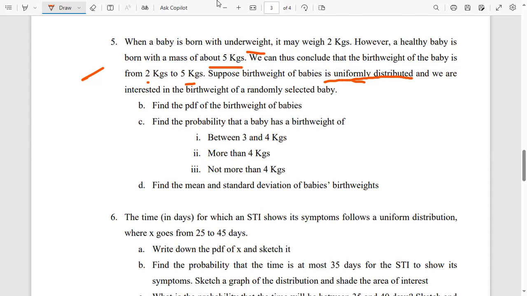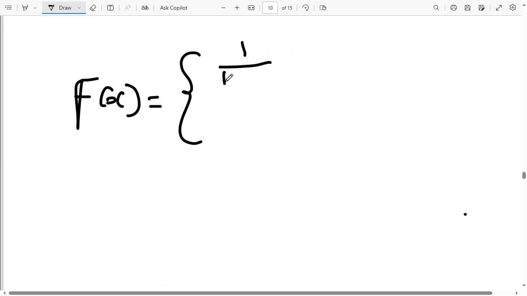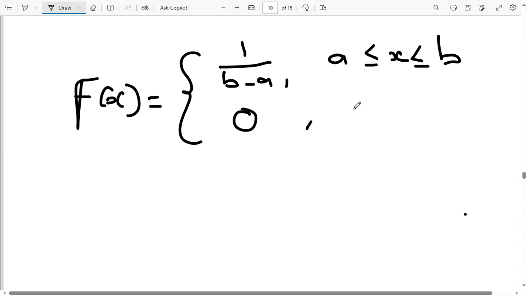Under the uniform distribution, the PDF is given by this: f of x is equal to 1 over b minus a, for the interval of a all the way to b, and 0 otherwise or elsewhere. So this formula here is the general formula for the PDF of a uniform distribution.